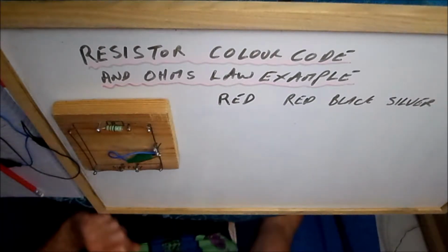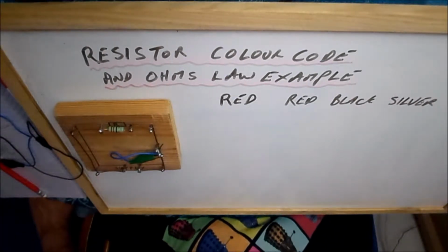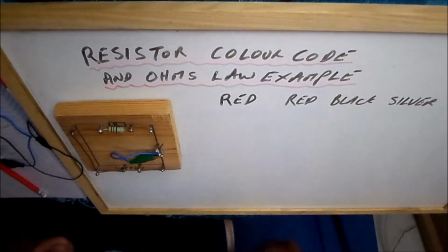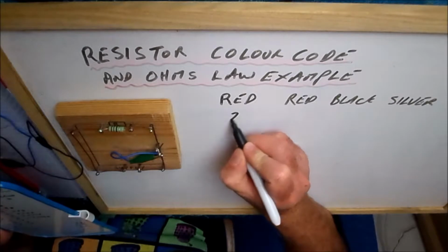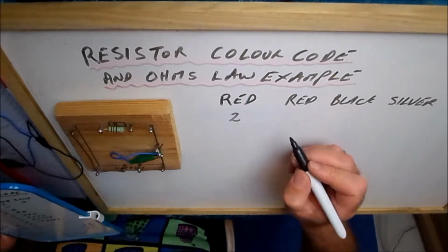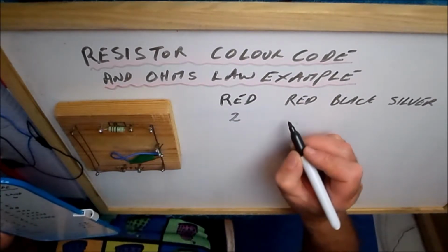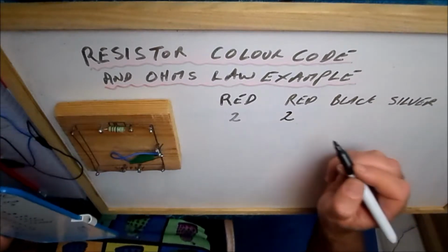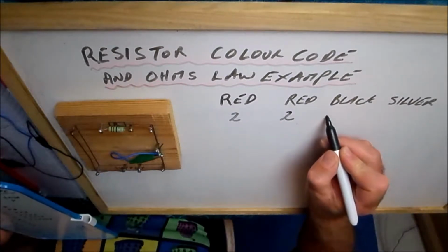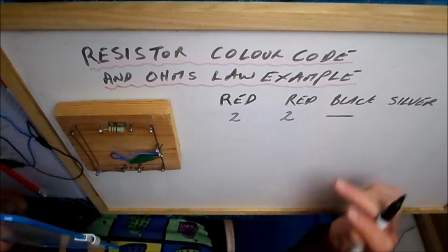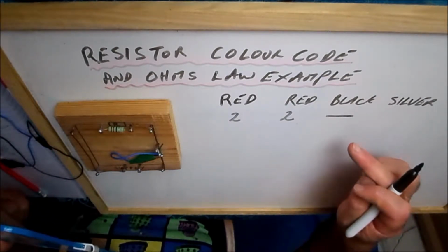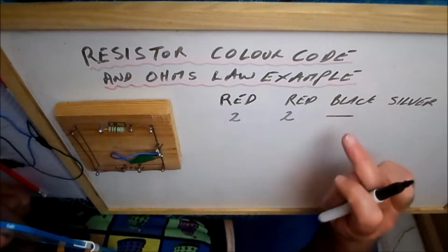If we look at our table of our color code, red is 2 for band 1. Similarly for band 2, red is 2, and then it's black. So the multiplier is nothing. We don't multiply it by anything. We won't say 0, because 0 would insinuate it's multiplied by 10. It's not. Black is nothing.